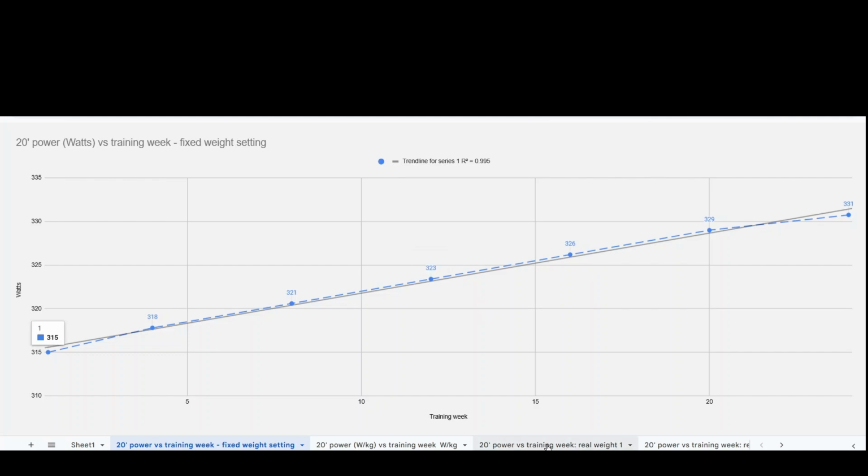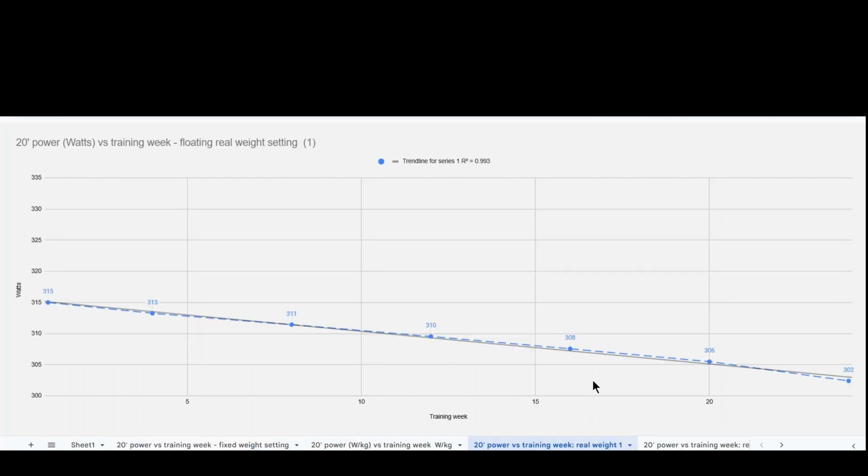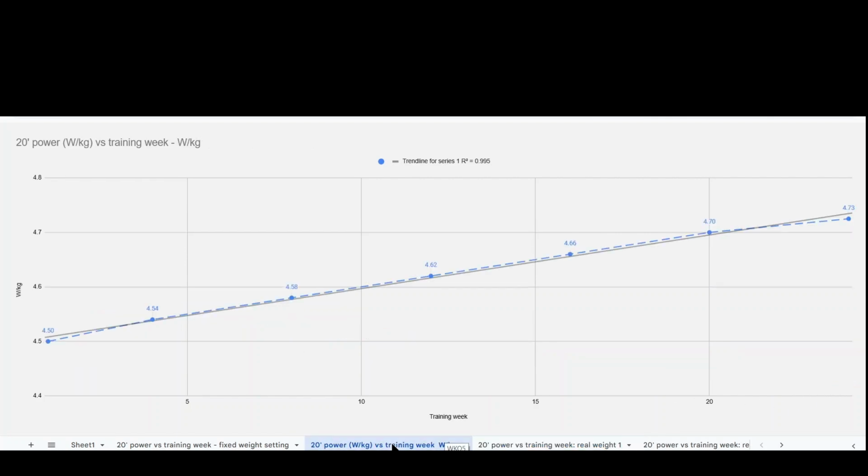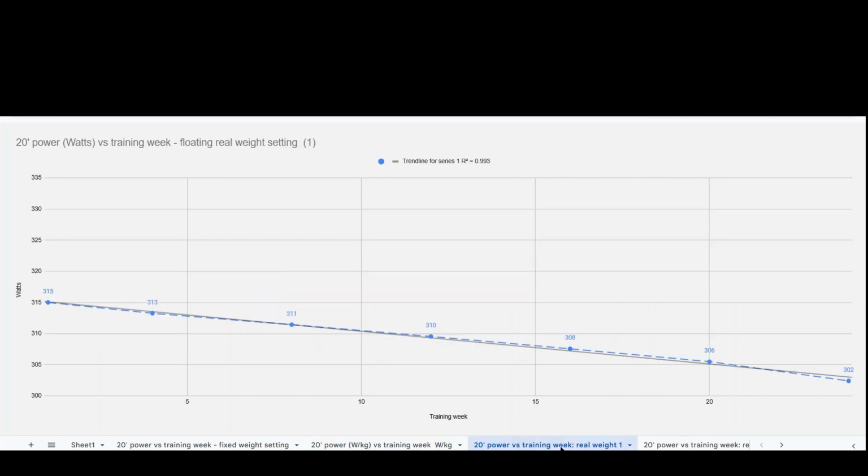And let's look at that first scenario where there's weight loss. There's 1 kilogram lost every testing period, let's say. And this is what we see. Even though watts per kilogram were increasing, the reported power, using the multiplier of the real weight, was declining.